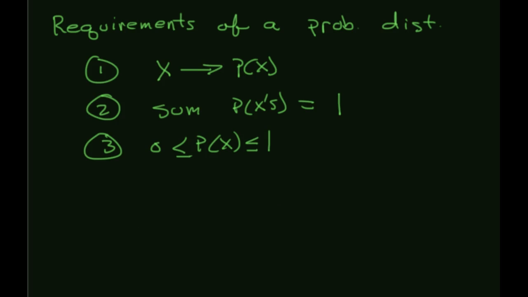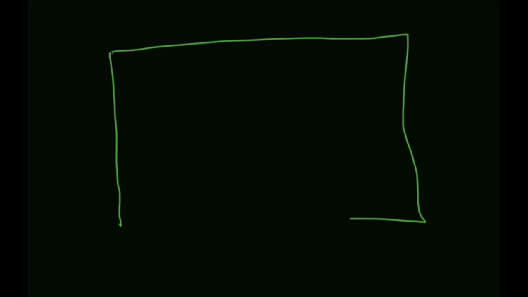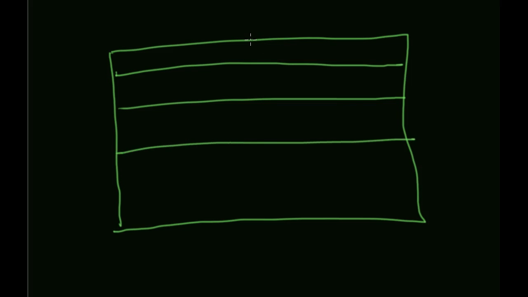So let's look at a simple probability distribution. Okay, so I'm going to create a probability distribution using a table. So if I have a discrete probability distribution, oftentimes a table is the easiest way to go here.